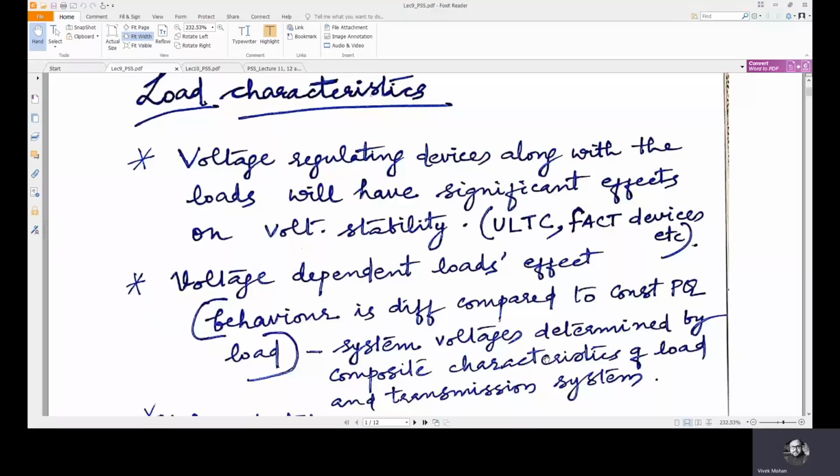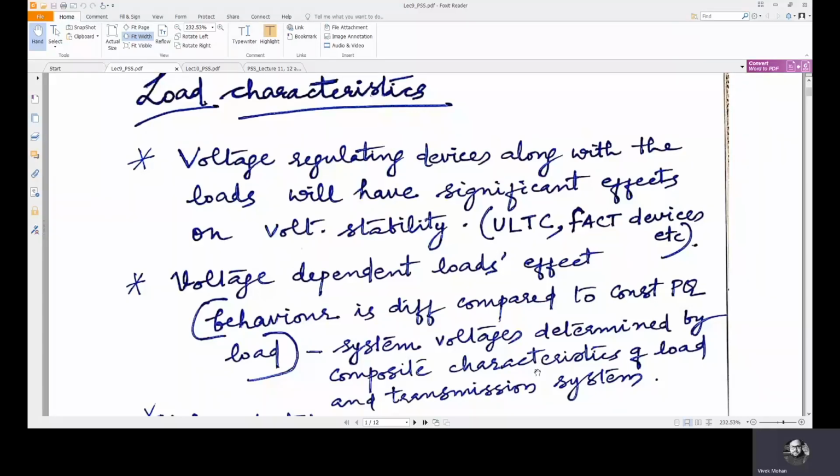So when the voltage is changed, if there is a voltage dependent load connected to that bus, then because of the change in voltage, P will also change, or both P and Q may change. Of course, for a PQ bus, we have a limit for V, and for a PV bus, we have a limit for Q. So the QV coupling is already taken care of by this constraint. But if P is changed because of the voltage change, then that must be accommodated accordingly. So the modeling of load is important there.